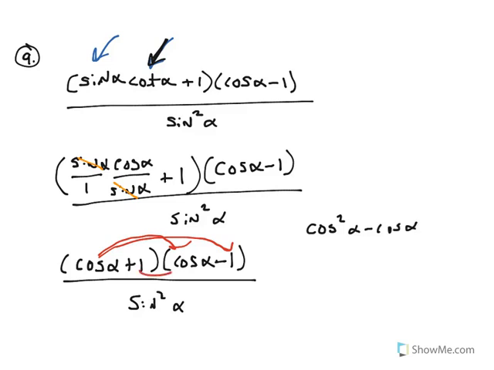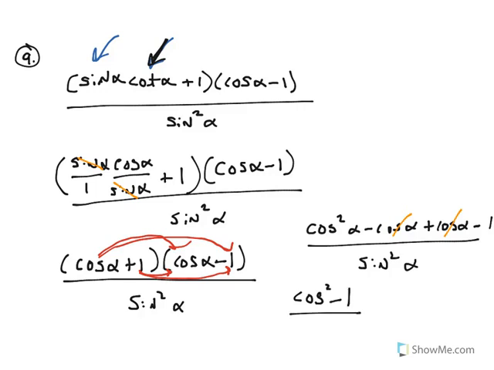Then distribute your 1: 1 times cosine gets you positive cosine, and 1 times the negative 1 gets you negative 1, all over sine squared. Your two middle terms will cancel. So up top you're left with cosine squared minus 1, all over sine squared down bottom.